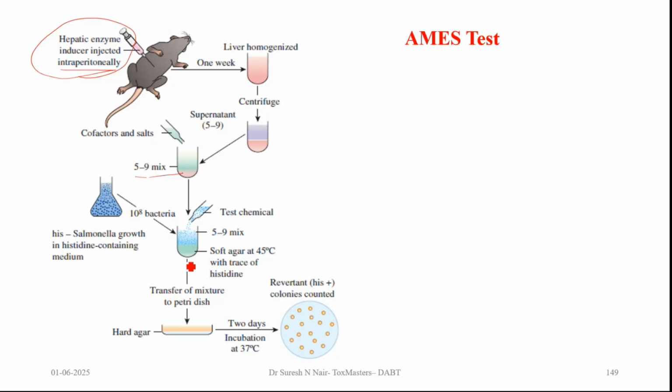So the Ames positive, when you get the revertants, that is the histidine plus colonies are observed, that indicates that the substance that you have used is a pro-carcinogenic agent. That means even if it is giving a negative result with the classical Ames test, when we inject it into the animal, and when the pro-carcinogen is converted to the carcinogen, it can become carcinogenic. Okay, so it detects the indirect carcinogens also.